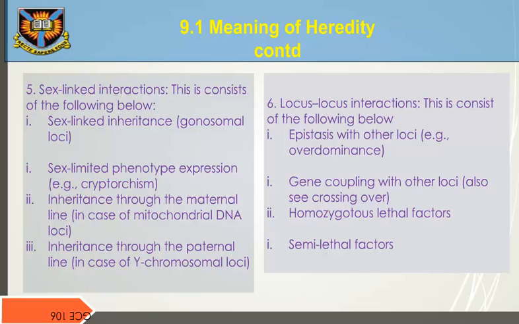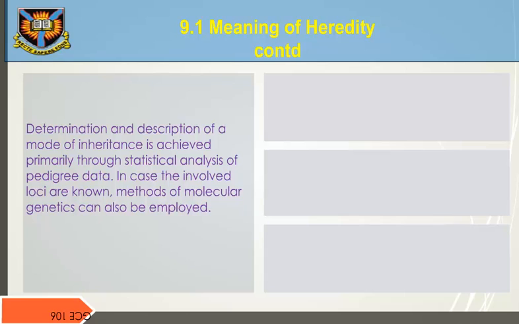Epistasis with other loci, for example overdominance. 2. Gene coupling with other loci. 3. Homozygous lethal factors. 4. Semi-lethal factors. Determination and description of a mode of inheritance is achieved primarily through statistical analysis of pedigree data. In case the involved loci are known, methods of molecular genetics can also be employed.